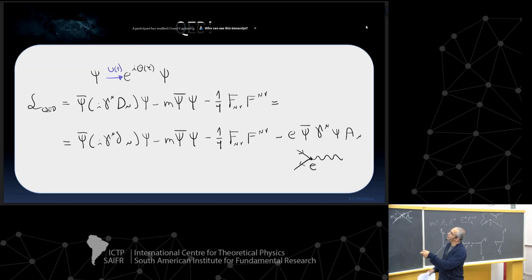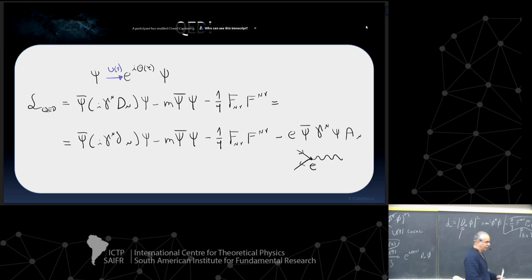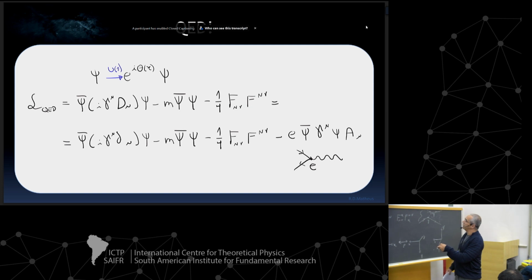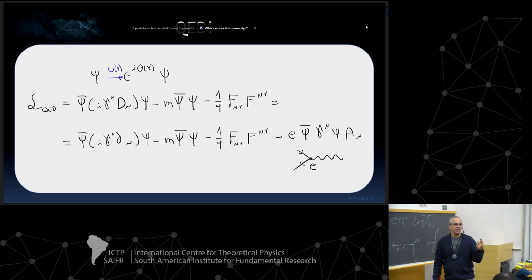Again, I need to define a covariant derivative. It is the same one I have there. I also have to introduce a mu, but now I get only this interaction, right? And this is the Lagrangian for QED with just one fermion. Say, the theory of electrons and photons. That's it, right? Nothing else.